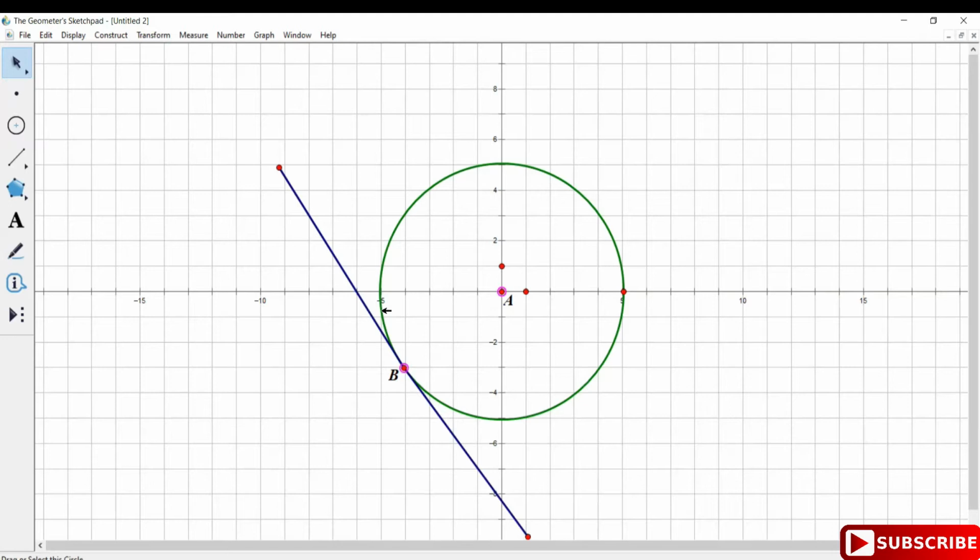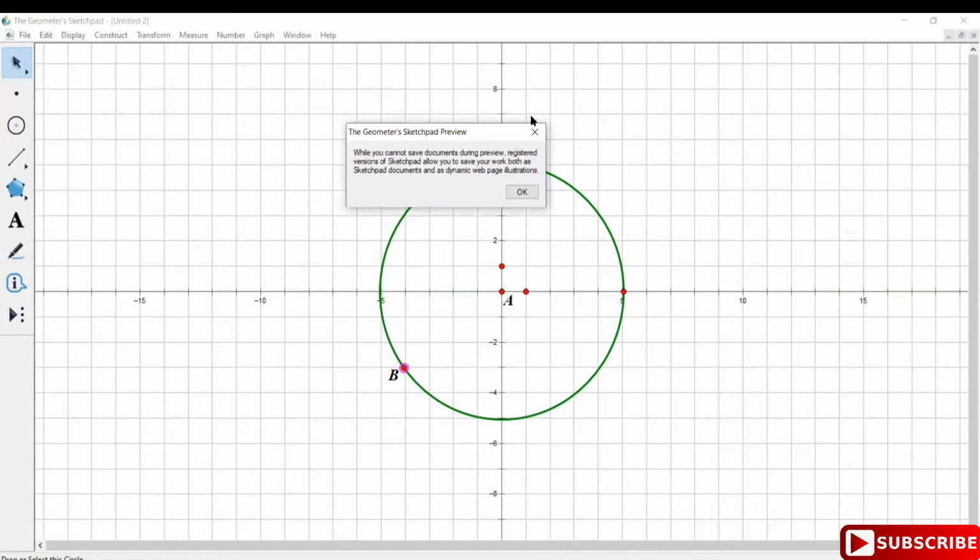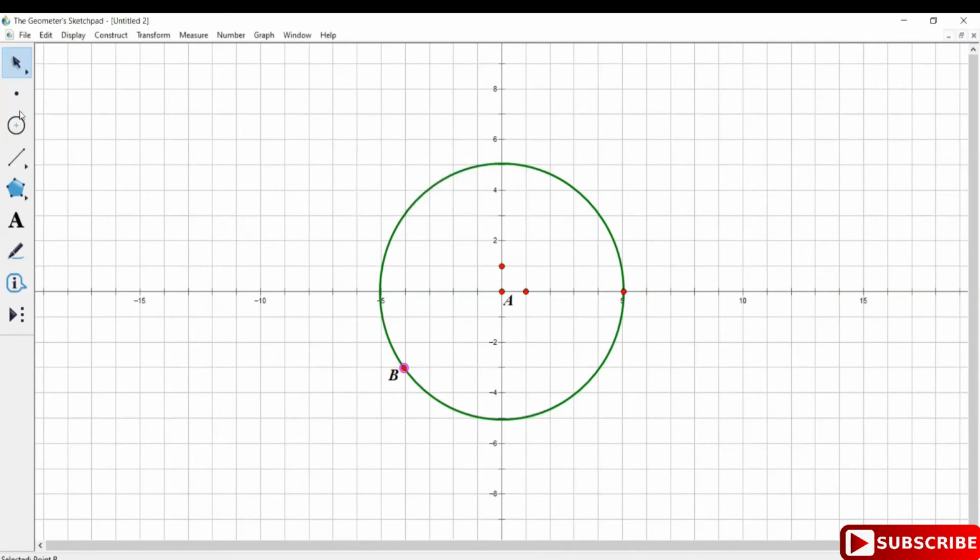That's our point B. Let's remove B for a second. Now look at this. If we put some external point out here and try to draw a tangent from this point to the circle, let's say it touched the circle.